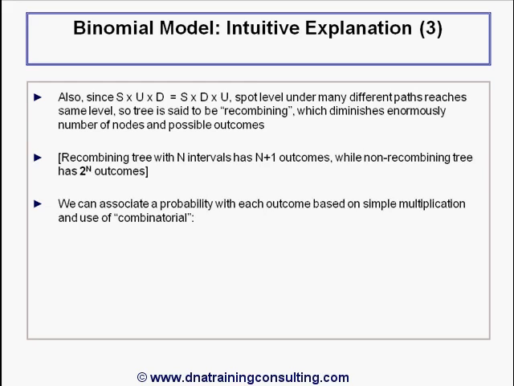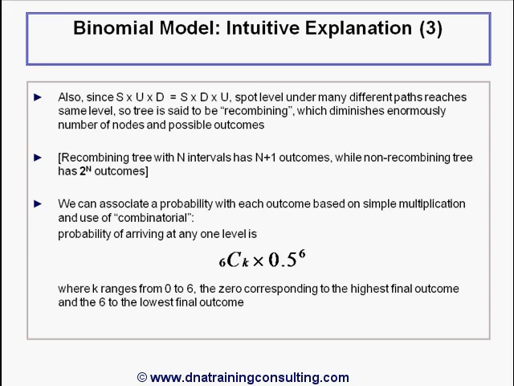We will skip the details here, except to point out, for the more mathematical, that the probability of arriving at any one level at the maturity date is 6Ck times 0.5 to the power 6, or n if we have n intervals, where k ranges from 0 to 6, the 0 corresponding to the highest final outcome and the 6 to the lowest final outcome.